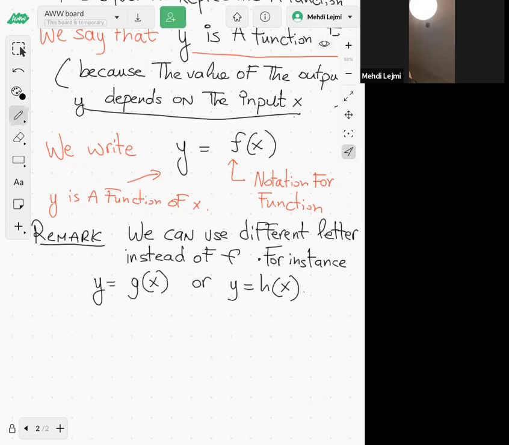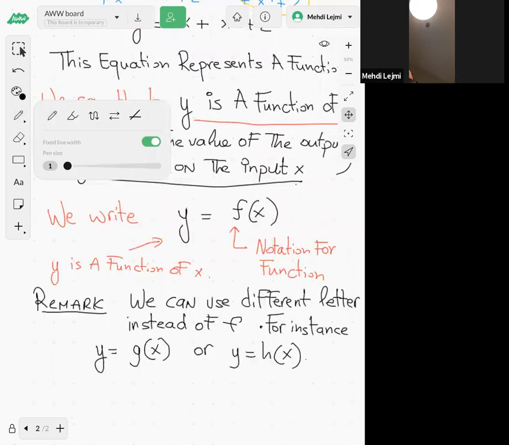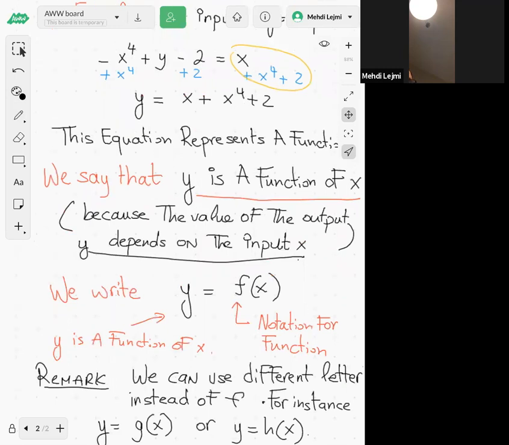Now, in our example, as you can see, Y is equal to X plus X fourth plus 2, right? So this is my Y equal to f of X. In this case, f of X, the function of X, is this one here, X plus X fourth plus 2.